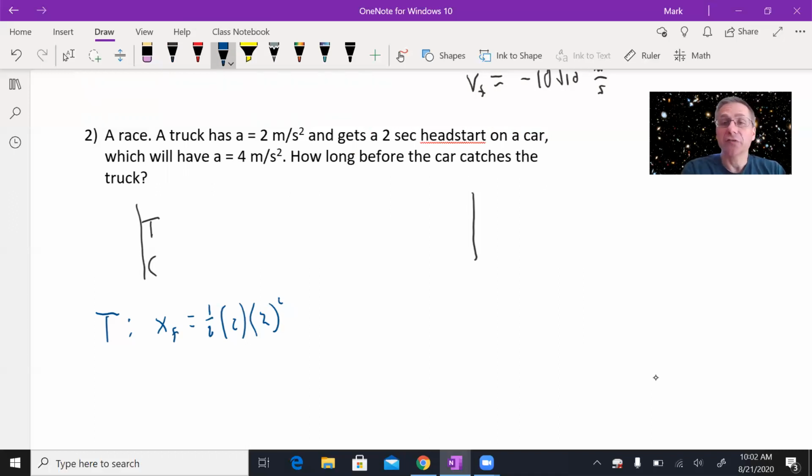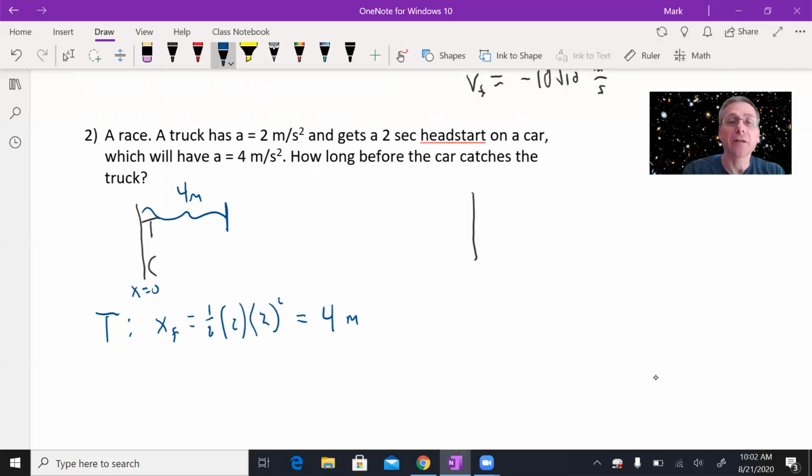We'll assume that each of these starts at rest, and that they're both starting at 0 position. So the other two terms in this equation we don't care about because those are 0. And so it looks like it'll be 4 meters from the starting line.